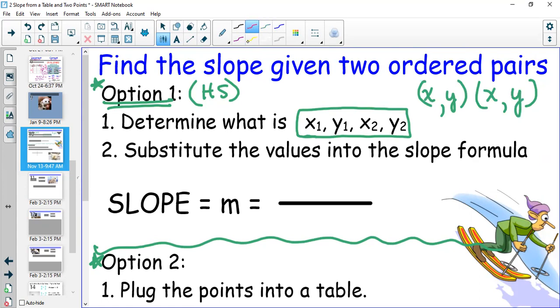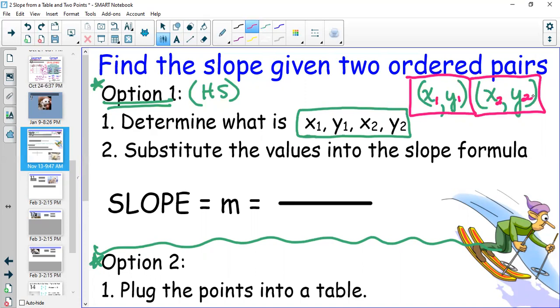To distinguish between the 2 points, they use those little subscripts, those small numbers. Since this comes first, this is my first x and my first y. And since this was my second point, this would be my second x and my second y. That's all it means. It's not like squared or anything.